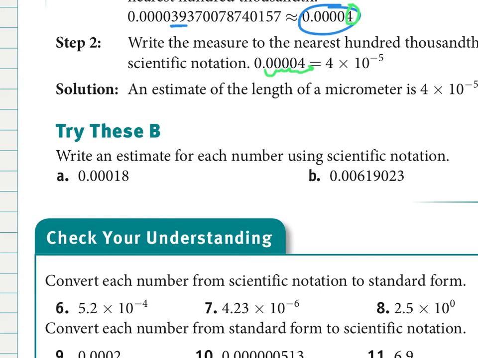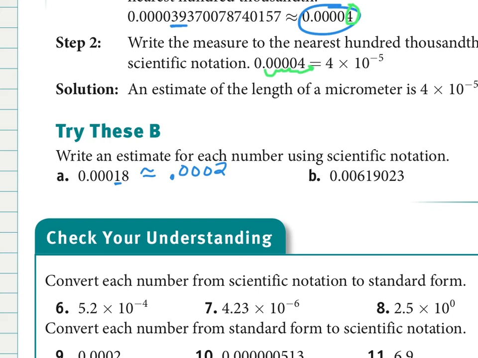So this number, 0.00018. We're first going to round it and get an approximate number in standard form. It looks like the first digit is in the tenths, hundredths, thousandths, 10,000ths place. So I'm going to keep the 3 zeros before, and then since it's 0.18, I'm going to round that 1 up to a 2. So there's the number in standard form, rounded.